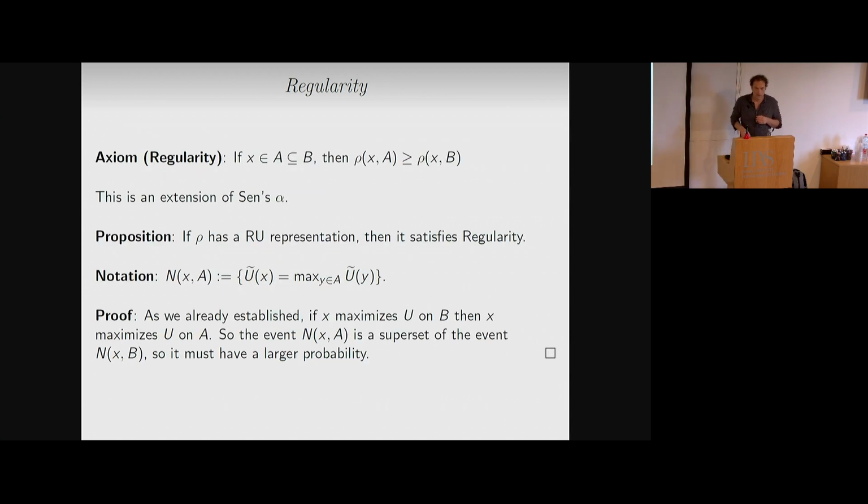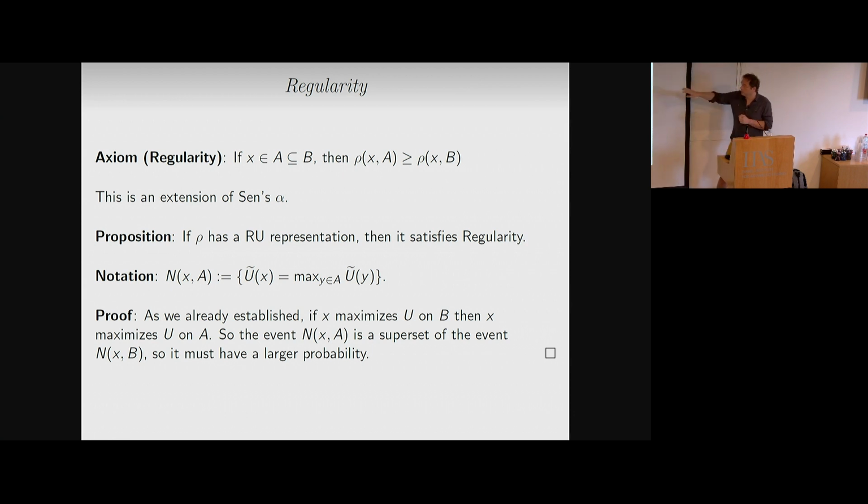So the main axiom is called regularity, and it's a sort of stochastic version of the alpha axiom. It says that if you have an item x in menu A, which is a subset of menu B, then the probability that x is chosen from A must be bigger than the probability that x is chosen from B. So intuitively, if you add stuff to the menu, you have to make room for that stuff by lowering the choice probabilities of existing items.